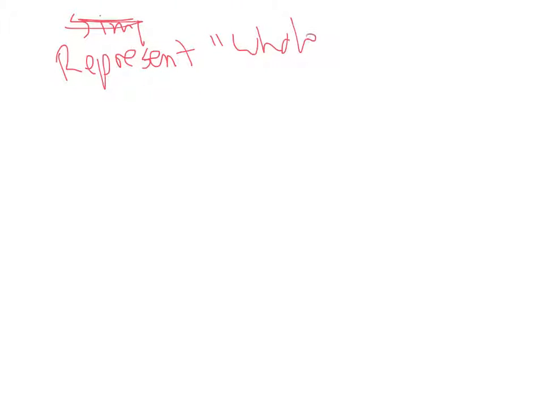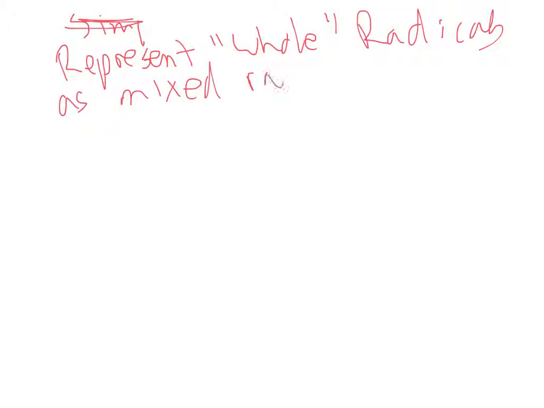Okay, so now we've got ideas about rational and irrational numbers and what a radical is and what perfect squares are. So let's start by what's called simplifying, or actually not really simplifying, but we're going to represent whole radicals as mixed radicals.